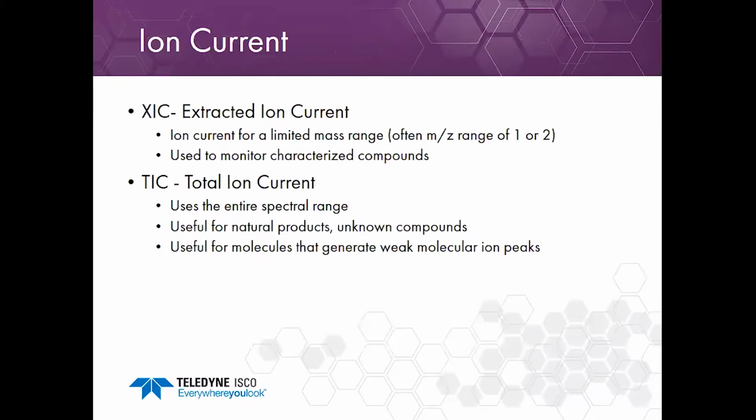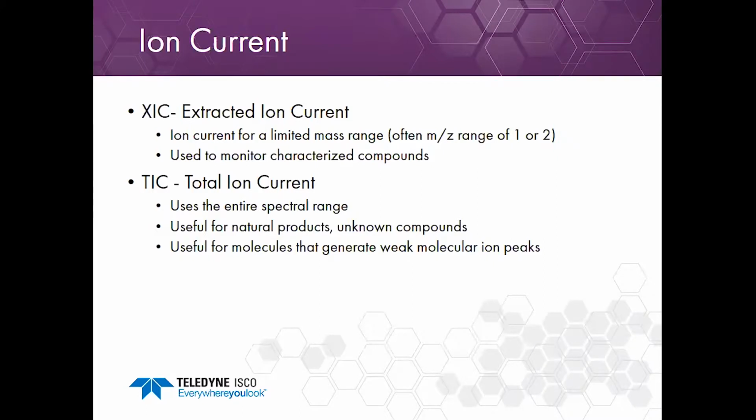One last page of definitions is XIC and TIC. XIC is the extracted ion current, which we usually use for peptides. It's the ion current for a limited mass range, usually a mass to charge ratio, or M/Z, of 1 or 2. And we use it to monitor characterized compounds.